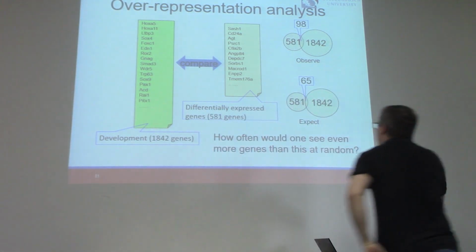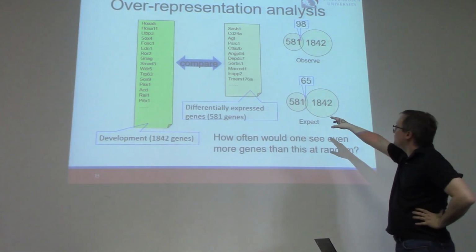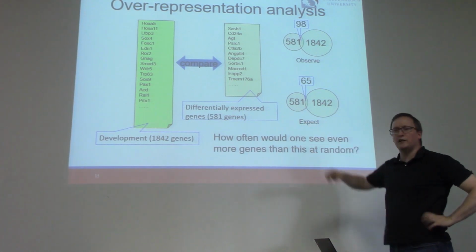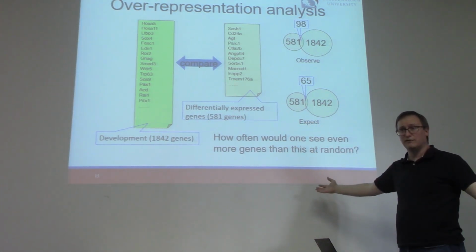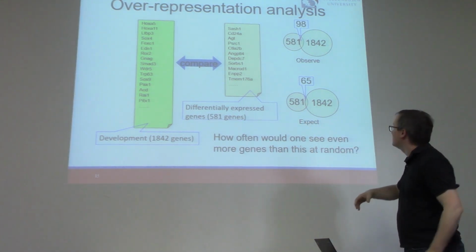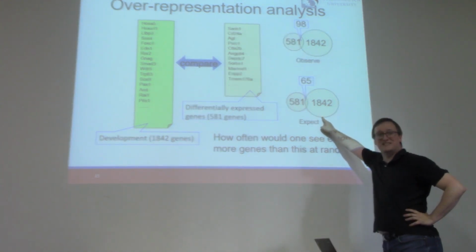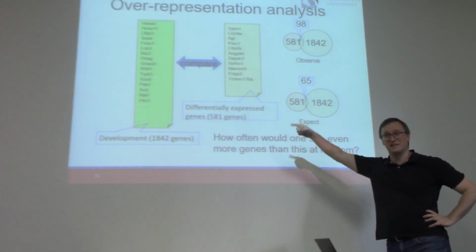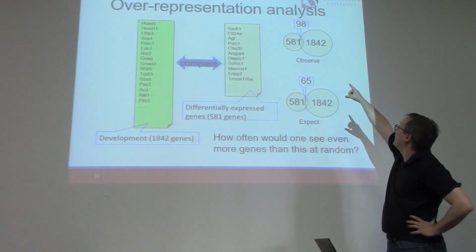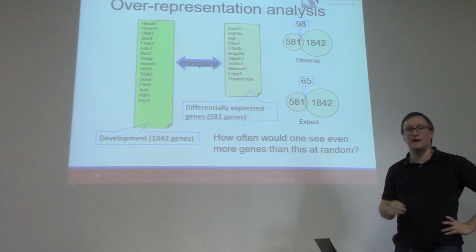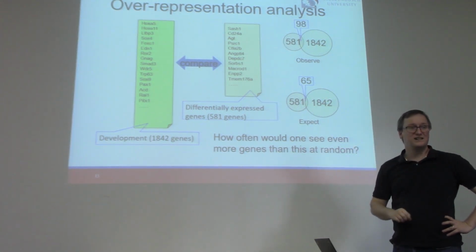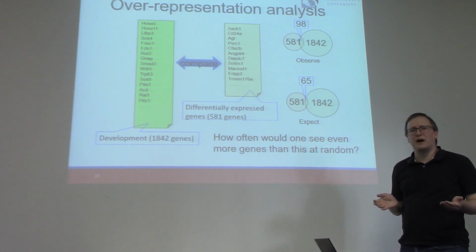If you were to draw these 581 genes at random from all detected genes, you would expect there to have been 65 that were shared between these lists. But in our case, we didn't see 65, we saw 98. So is that enough to get excited about?